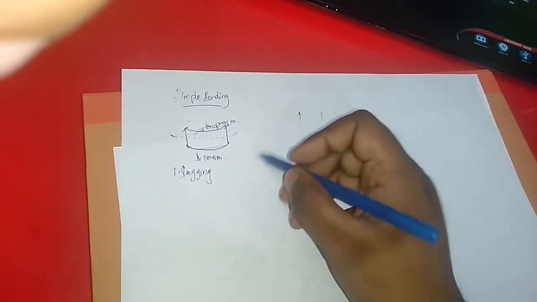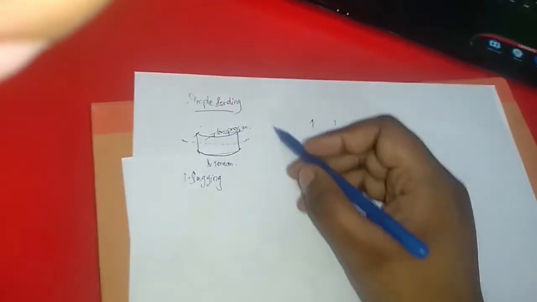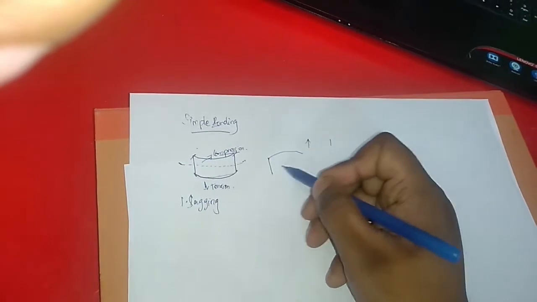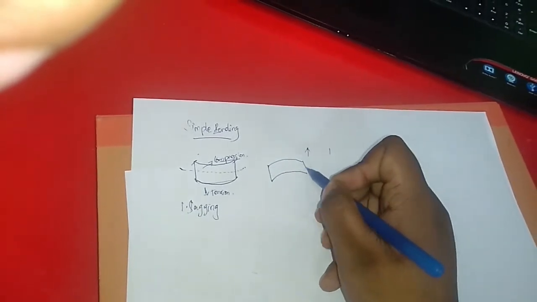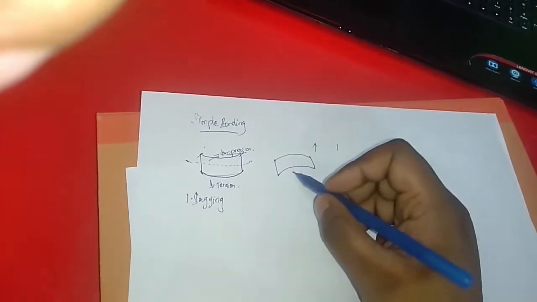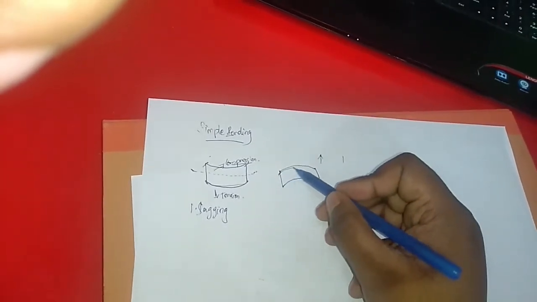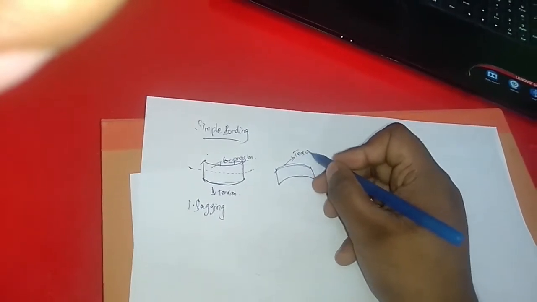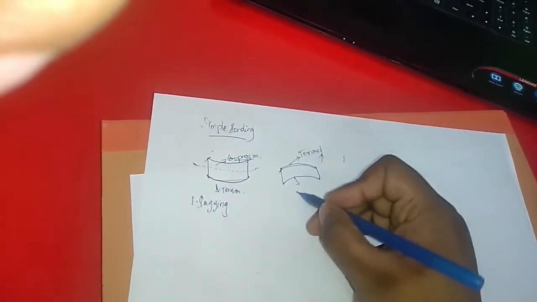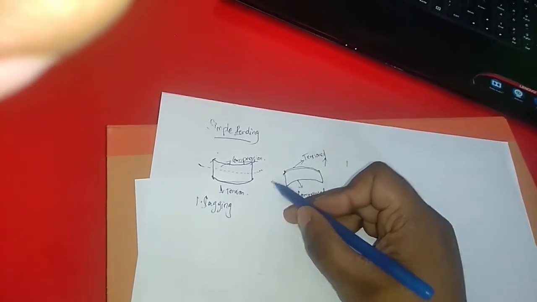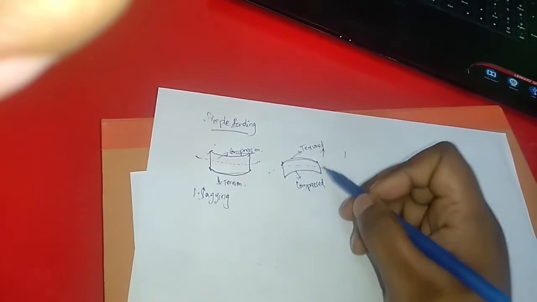The second one is the hogging bending moment. I have already explained this, right? The beam is bent in a convex manner. Convex manner means that the top portion of the beam is in tension and the bottom portion of the beam is compressed. But the neutral axis will remain as it is.